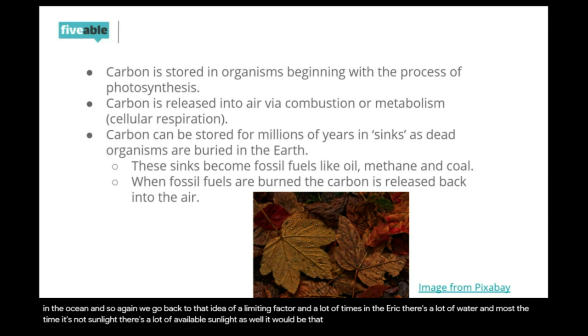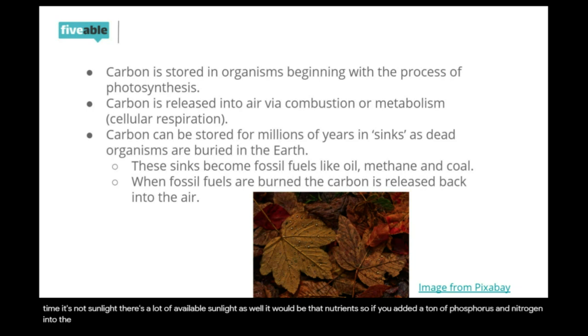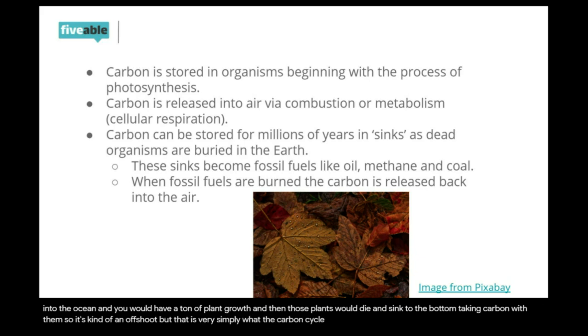It would be the nutrients. So if you added a ton of phosphorus and nitrogen into the ocean, you would have a ton of plant growth, and then those plants would die and sink to the bottom, taking carbon with them. So it's kind of an offshoot, but that is very simply what the carbon cycle is, and how humans can kind of offset that.